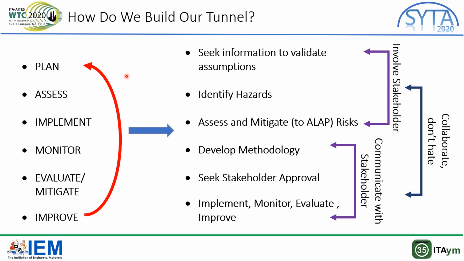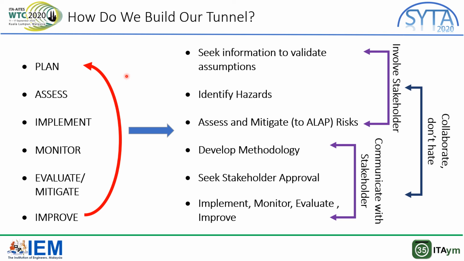After you've involved the stakeholder and you assess the risk and mitigate it, then you develop your methodology. Once you've done so, you still seek stakeholders' approval on your methodology. Once it's been approved, you implement it, you monitor, you evaluate, you try to improve if things are not going the way you thought they would be going.